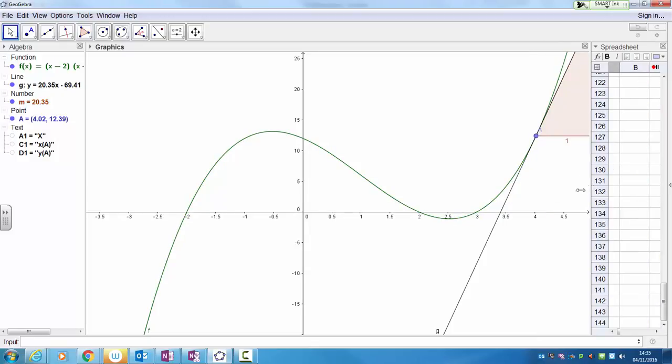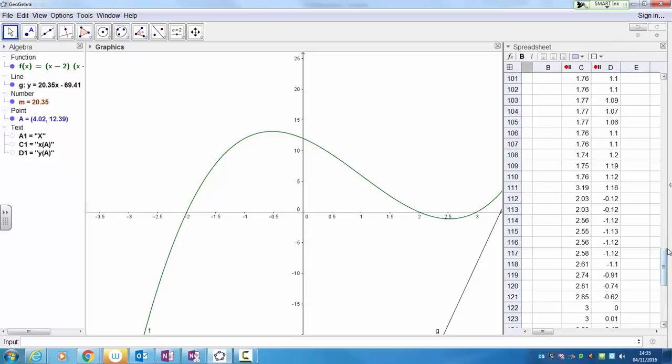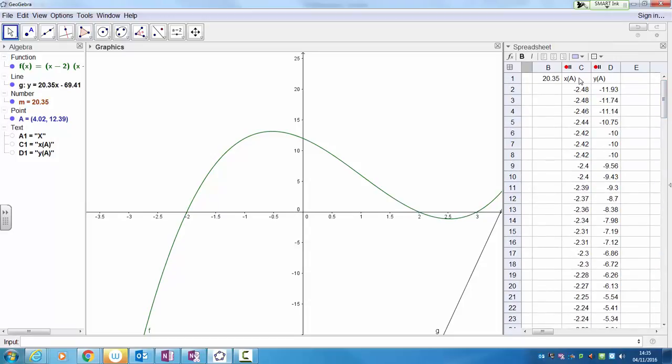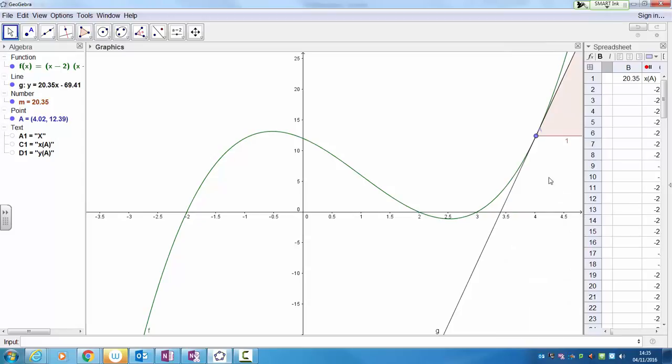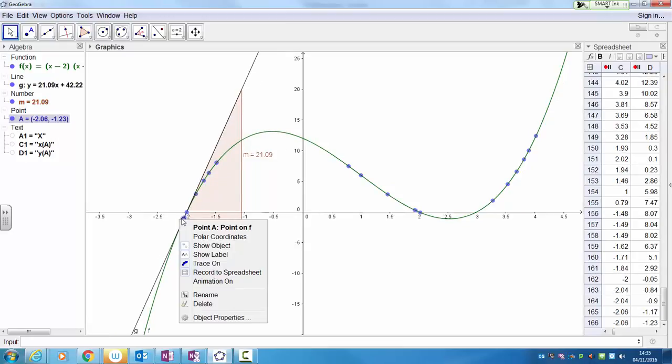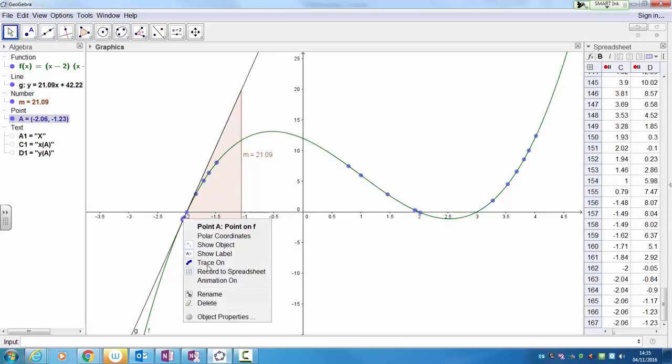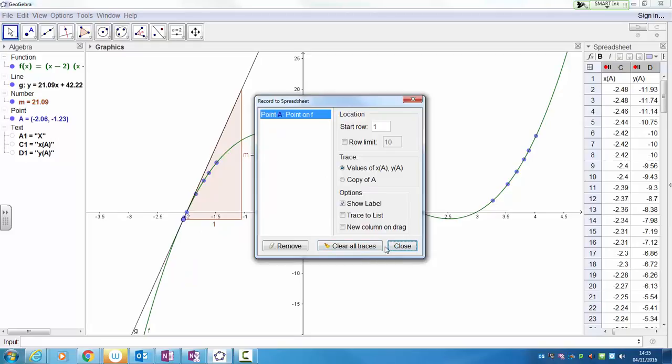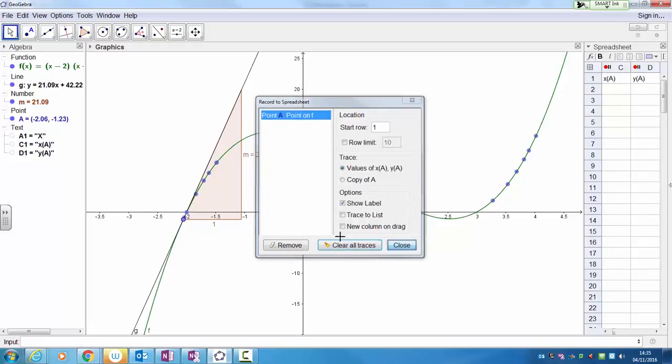Let's see what it's got. So on the one hand, I've got x. On the other hand, I've got y. We don't really want that. That just gives me my x and y coordinates, so it's not quite what we want. Let's put the trace off and clear all traces, close.